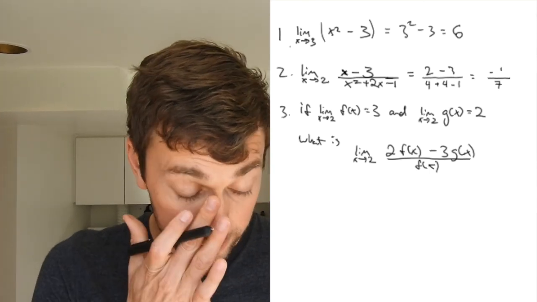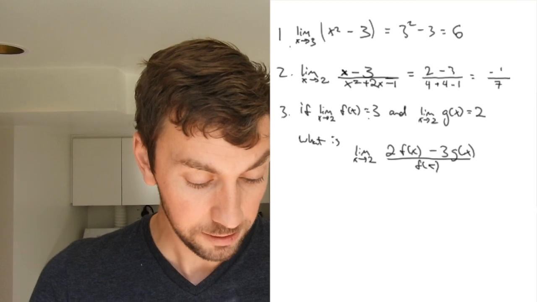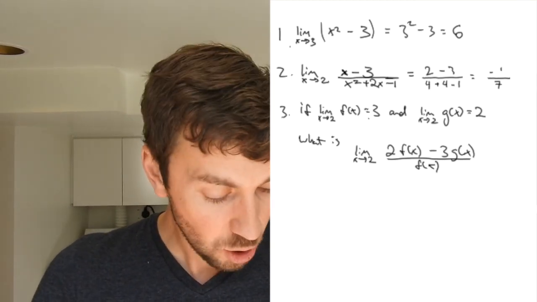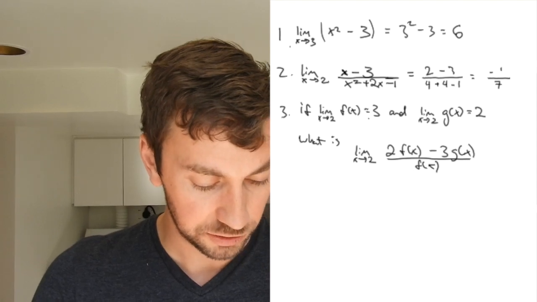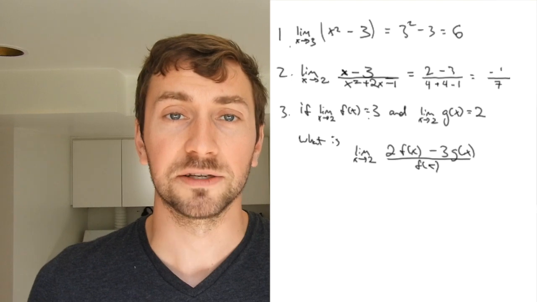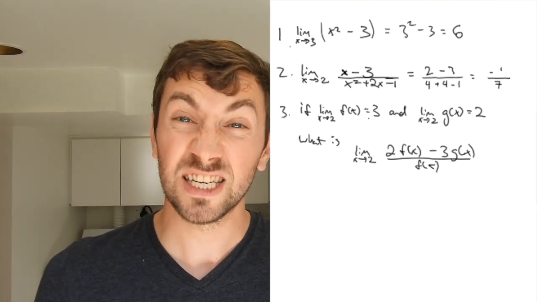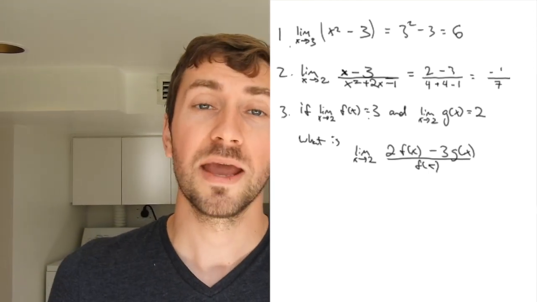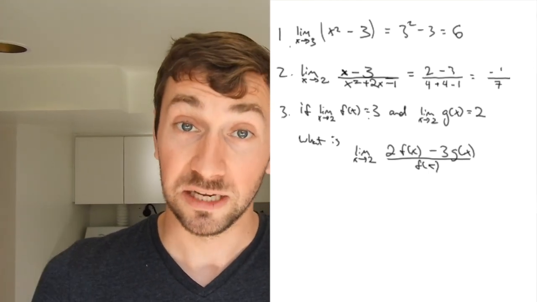Okay, for my third example, a little more complicated. It says if the limit as x goes to 2 of f of x is equal to 3, and the limit as x goes to 2 of g of x is equal to 2, what's this bigger thing? The limit as x goes to 2 of 2f(x) minus 3g(x) over f(x). So this is kind of like saying when I evaluate these functions at the point, the limit at the point, then I get these answers.